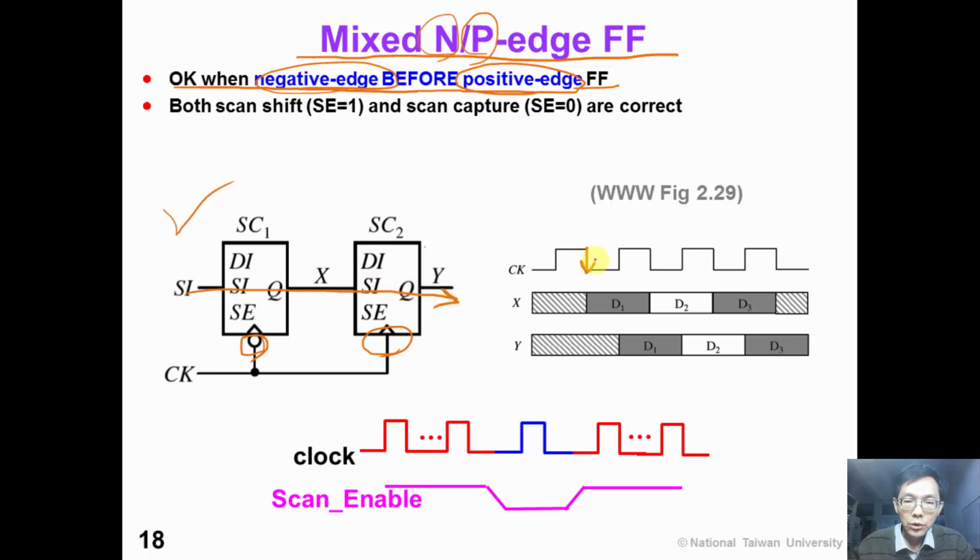At the falling edge, we will scan in the data D1. At the rising edge, we transfer the data to scan cell number 2. In this way, the data is shifted in the scan chain without any problem. You can also confirm that scan capture mode can also be correctly operated.